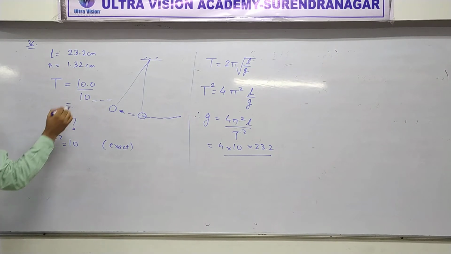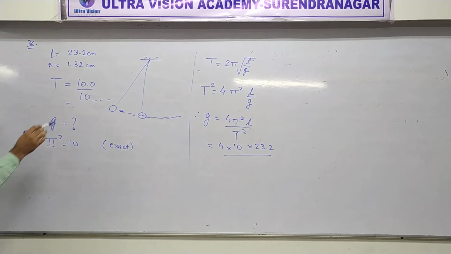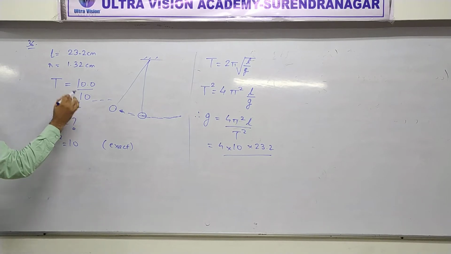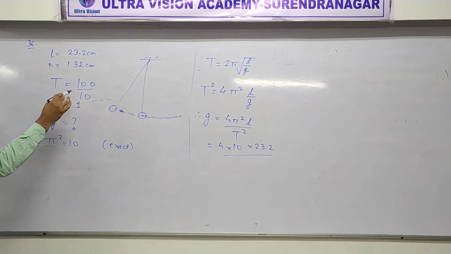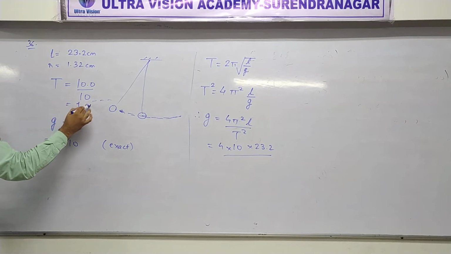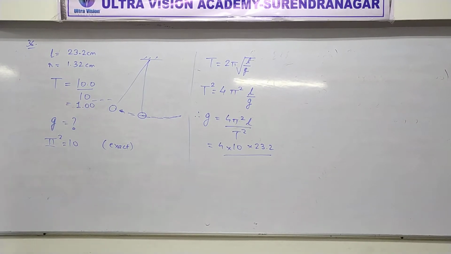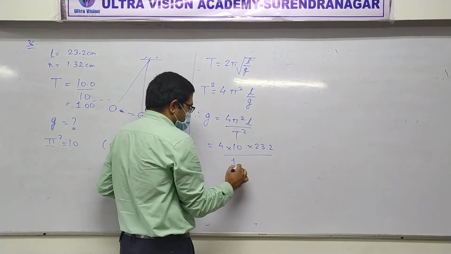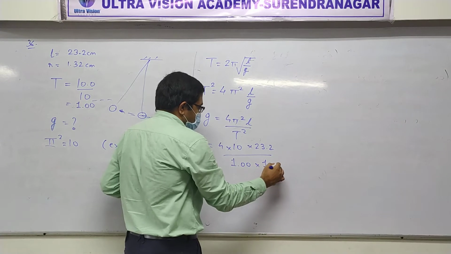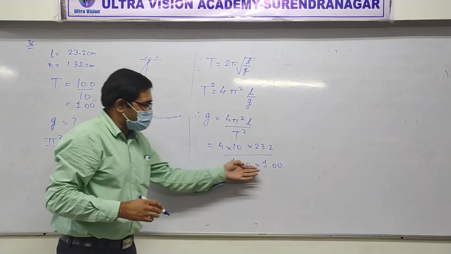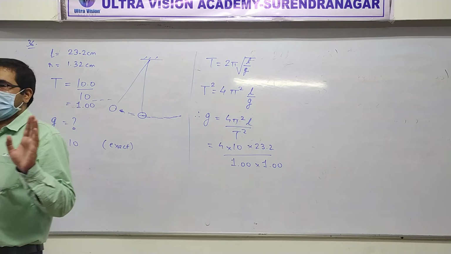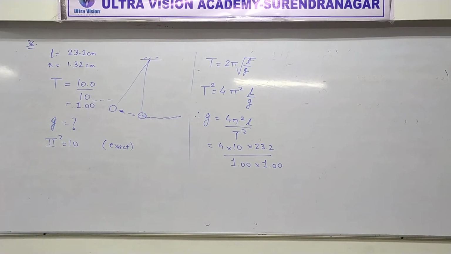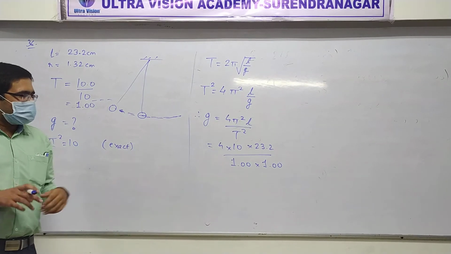So if you divide, 10.0 upon 10, how much? 1. But we should write 3 significant figures, so 1.00. So that's the value of T. For T square, 1.00 into 1.00. Basically, there is no need to divide, because division by 1 means same. Clear? So let's find out the answer.